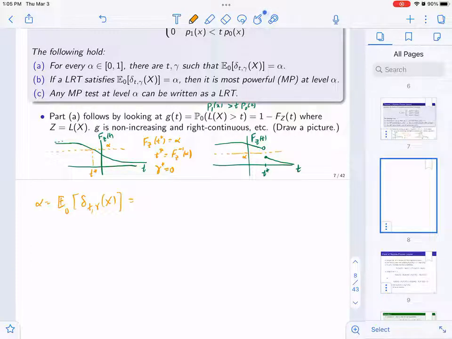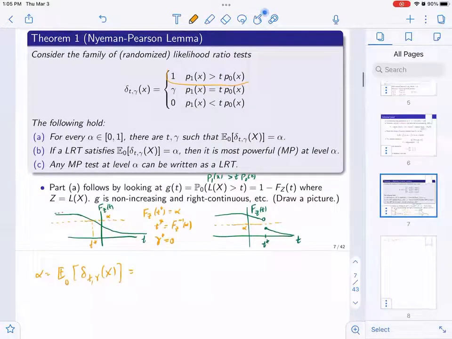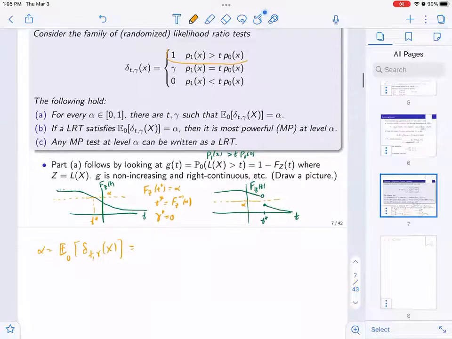So this is going to be 1 times the probability of, let's say, L of x being bigger than t, plus gamma times the probability of L of x being equal to t. You can justify this by thinking this is exactly the meaning of the expectation.